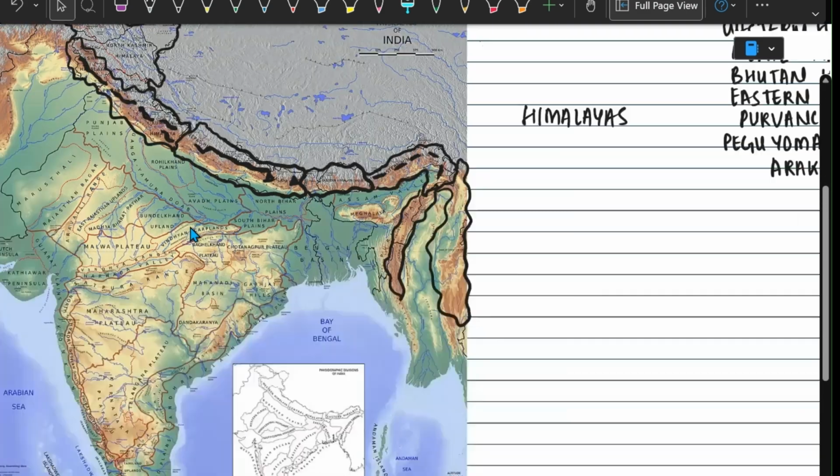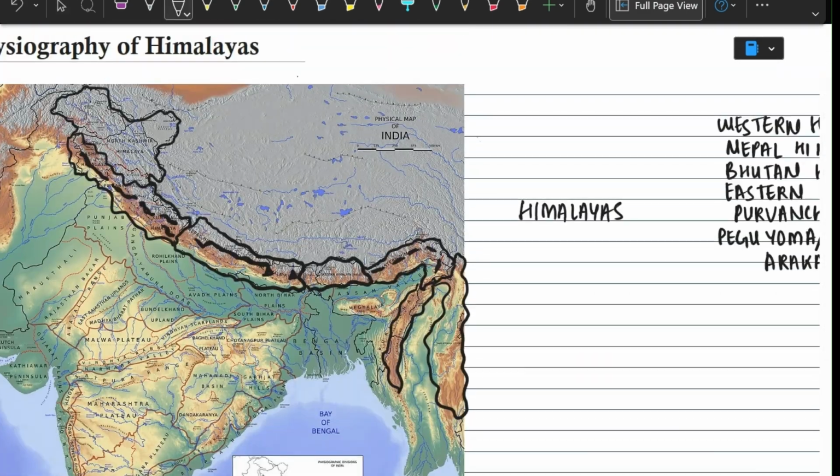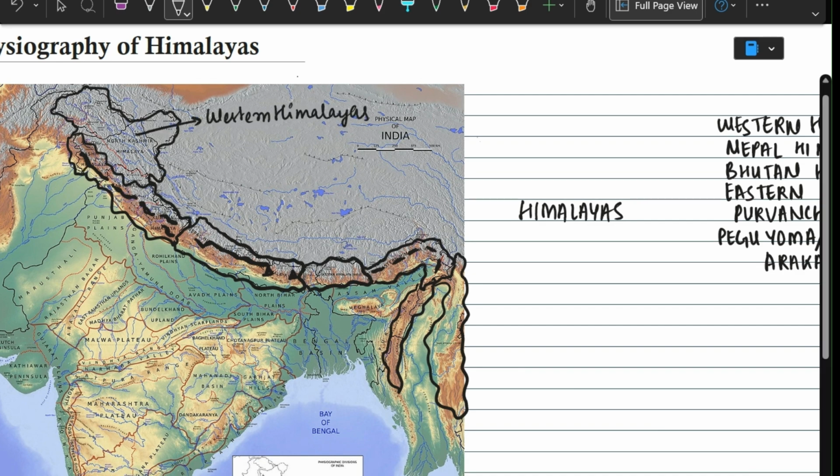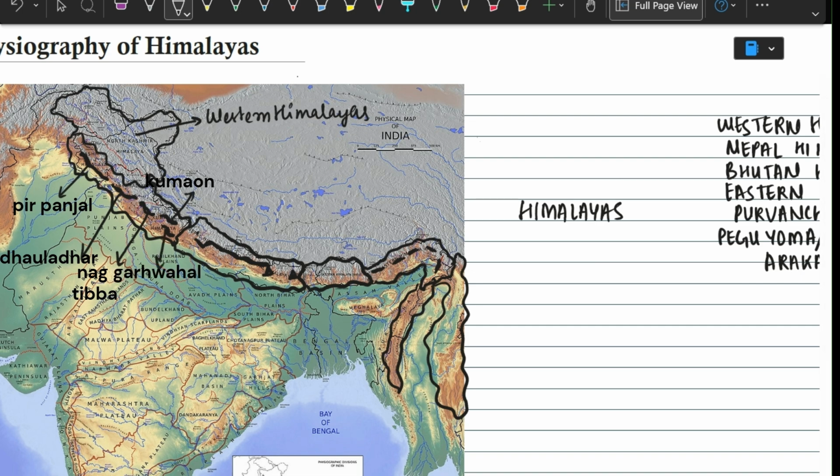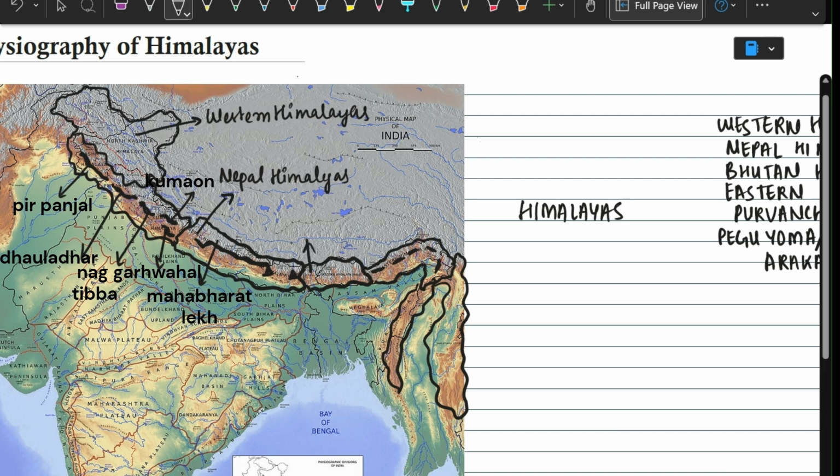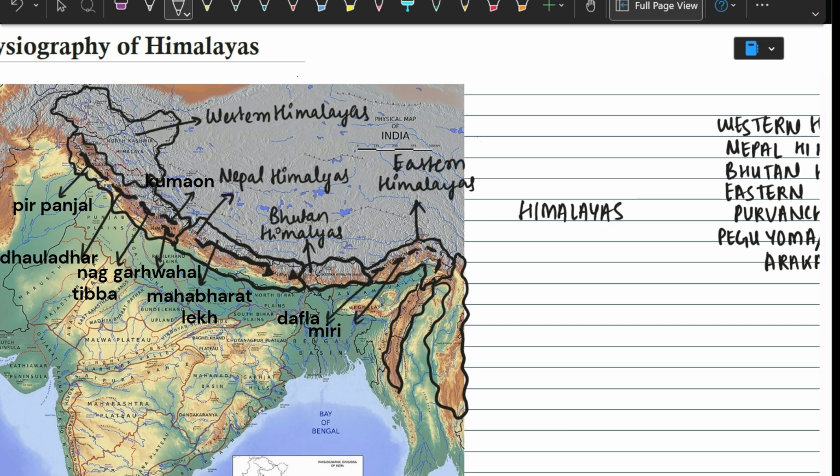So, in summary, you can say that these are the Western Himalayas, and this includes ranges like the Pir Panjal, the Nag Tibba, the Kumaon, and the Garhwal Hills. These are the Nepal Himalayas, where this part is known as the Mahabharat range. Coming next, this was the Bhutan Himalayas, and this part was the Eastern Himalayas. This was the Dafla, this was Miri, this was Abor, this was Mishmi, and this was the Patkai.